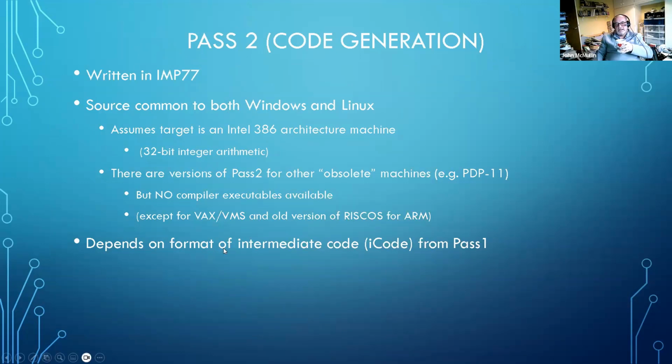But it depends on the format of the intermediate code, the IBJ, of the I code, which is generated from pass1. So there may have been different enhancements and different I code parameters sent and provided by these old compilers.